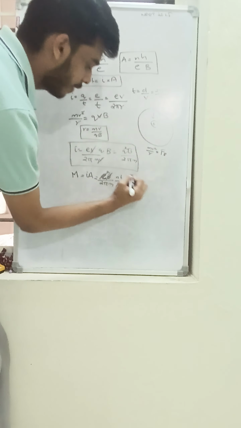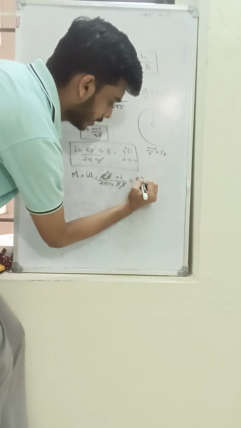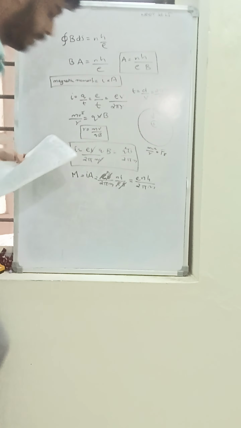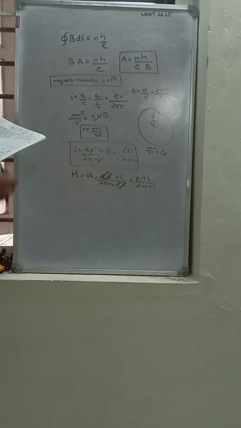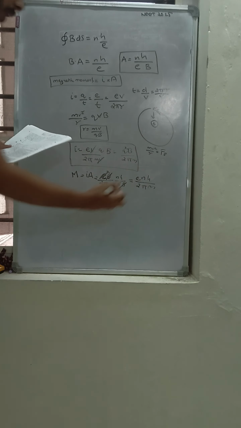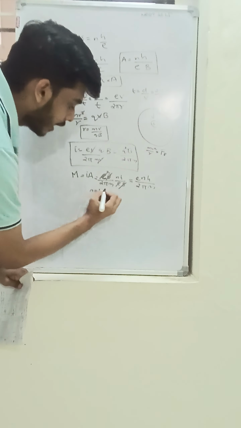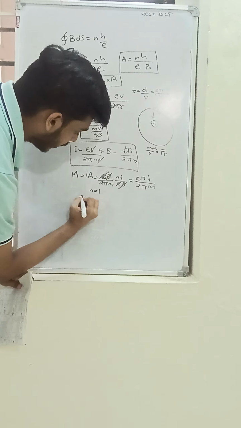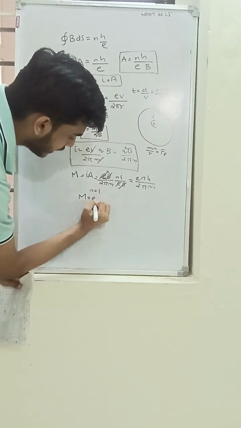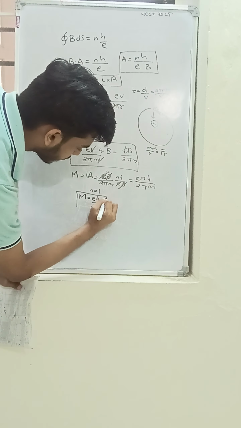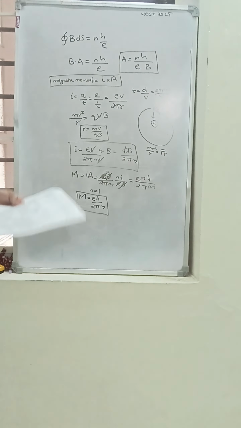So we'll be getting one e extra here, and nh by 2 pi m. All right. So here n will be equal to 1 for the first orbit, for the ground state, and we will finally be getting magnetic moment equal to eh by 2 pi m. Okay.